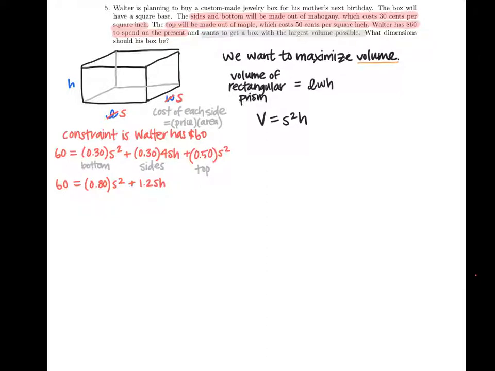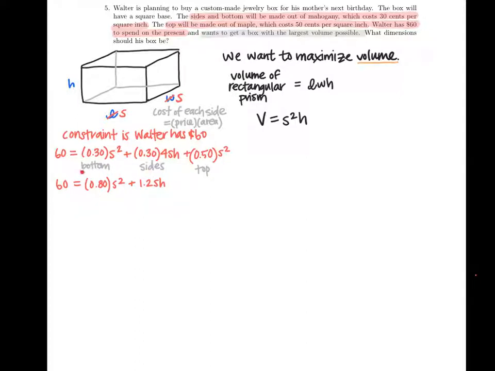Okay, so now we have this moment where we have our constraint here in red and we want to solve for either S or H, and we can take a look at which one would be algebraically easier to solve for out of that statement, or which one would be algebraically easier to plug into in this statement. And in both cases, wow, there are so many S's here, do not want to deal with that.